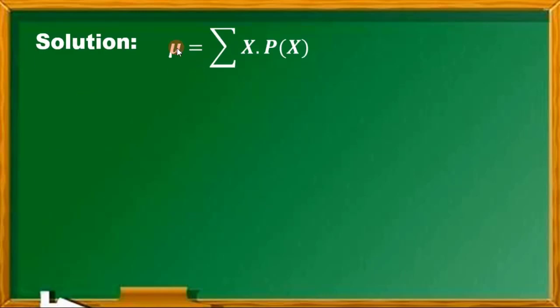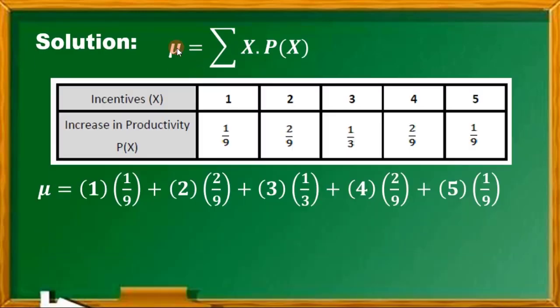Solution: we have to compute for the mean mu. The mean mu with this given table is just the product of the random variable x times its corresponding probability, and once you're done, you take the sum. So let's do that. 1 times 1/9 plus 2 times 2/9 plus 3 times 1/3 plus 4 times 2/9 plus 5 times 1/9.